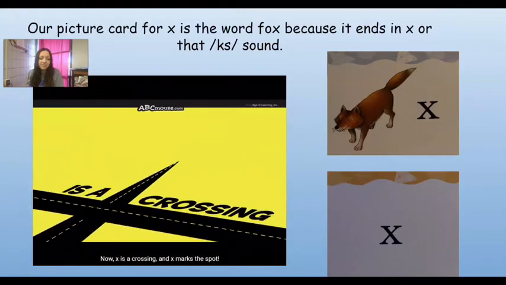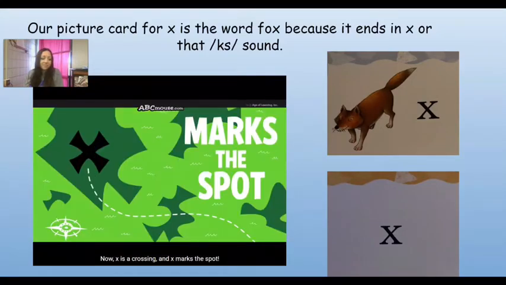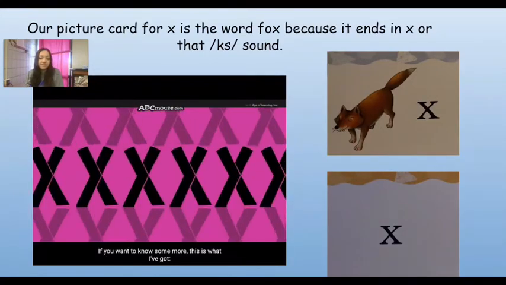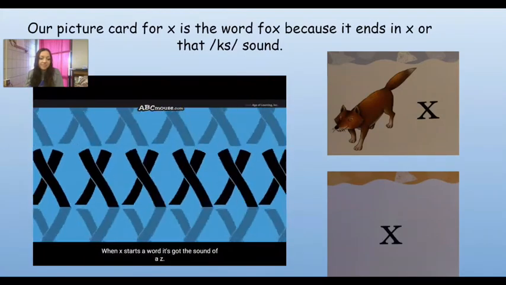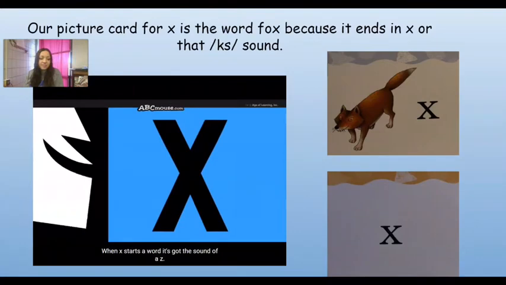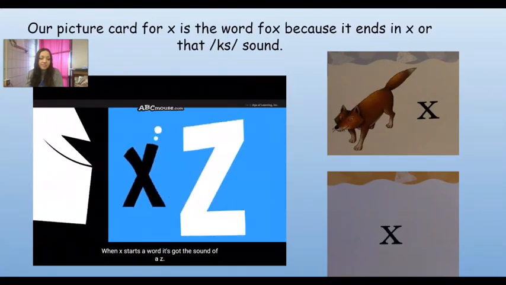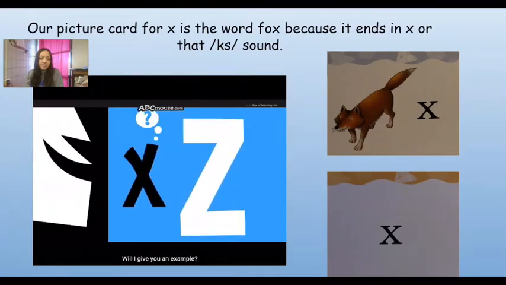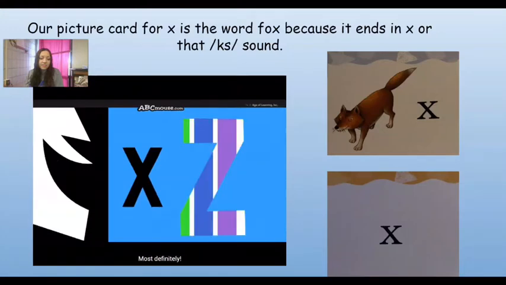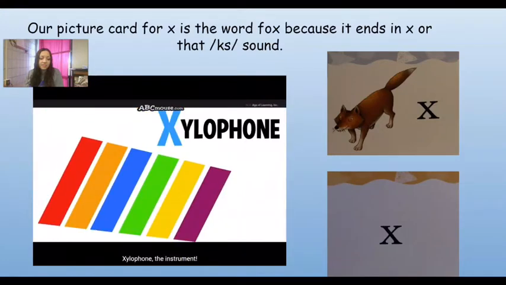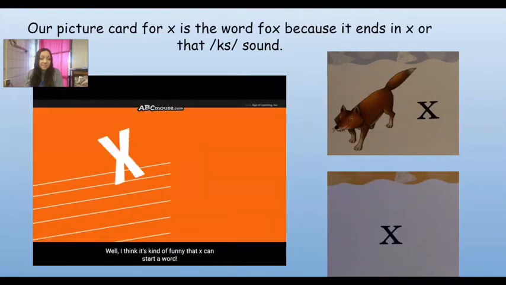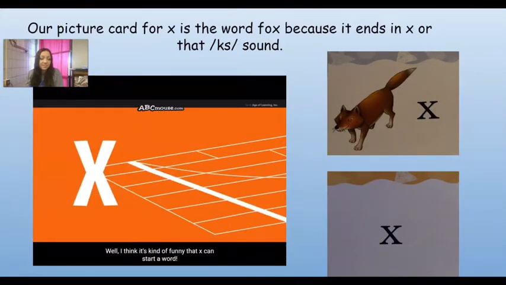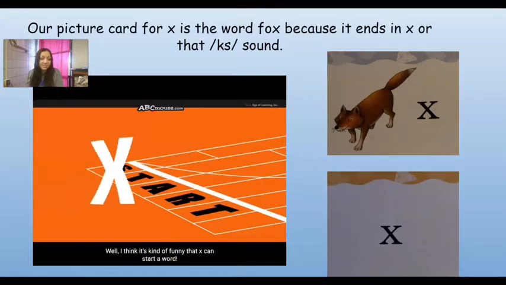Now X is a crossing and X marks the spot. When X starts a word, it's got the sound of a Z. Xylophone, the instrument, well, that's one that you probably heard.